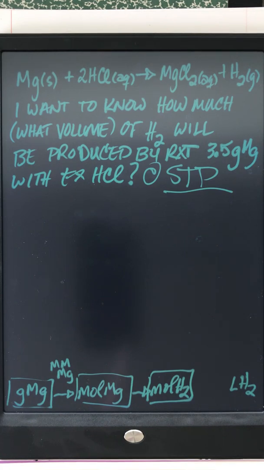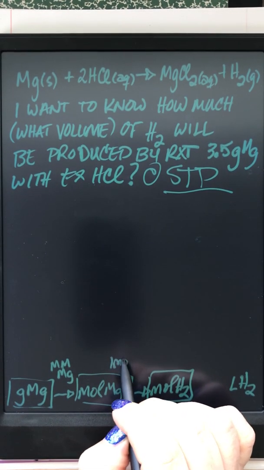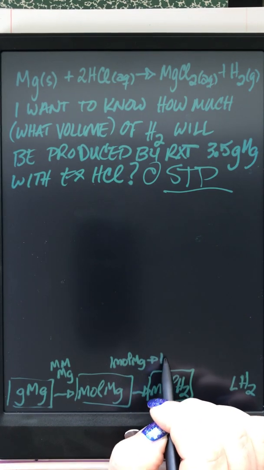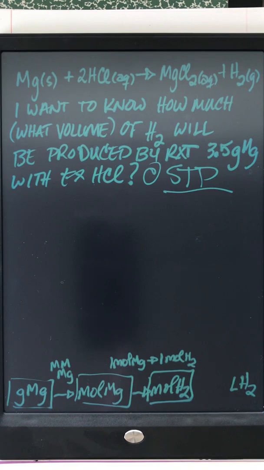At STP, standard temperature and pressure, and we'll talk about what that means in just a second. But going from moles of magnesium to hydrogen gas, what's my molar ratio? 1 to 2. Oh, sorry, 1 and 1. 1 and 1, exactly, right? So for every 1 mole of magnesium, I have 1 mole of H2 gas.